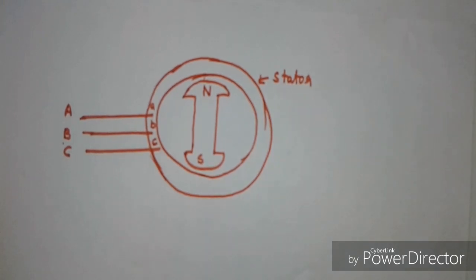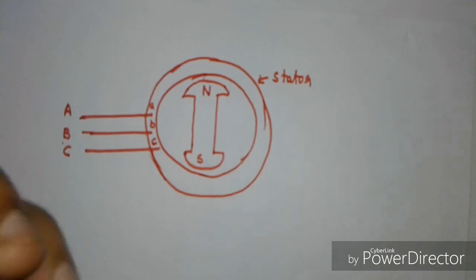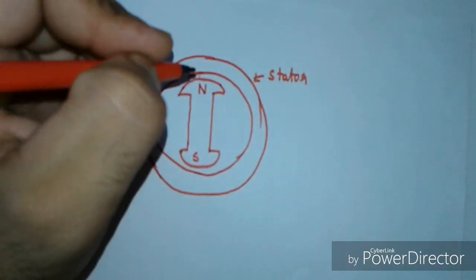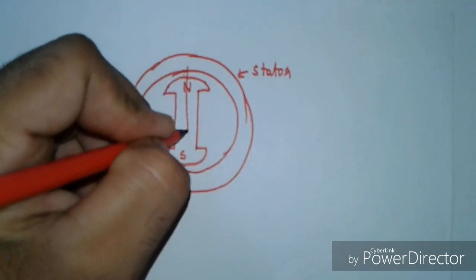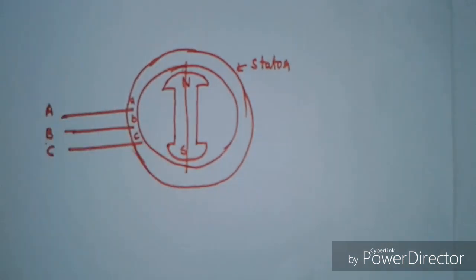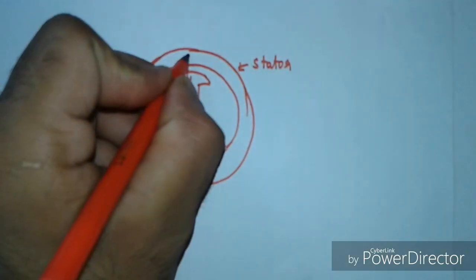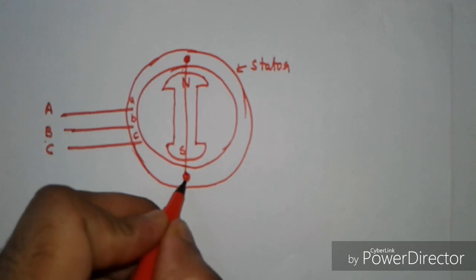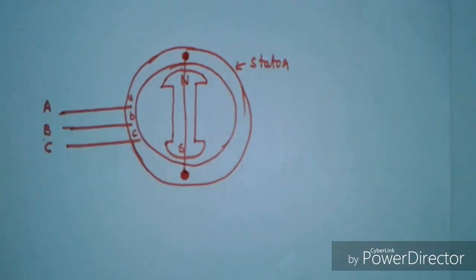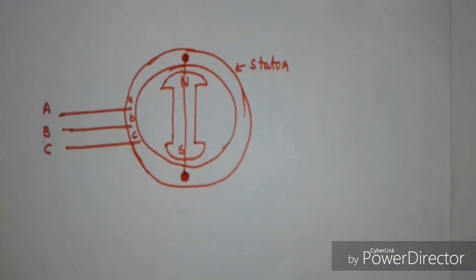Now this is going to produce a magnetic field, and I will draw the imaginary magnetic field in the shape of a dumbbell as shown here. So the imaginary magnetic field is produced.